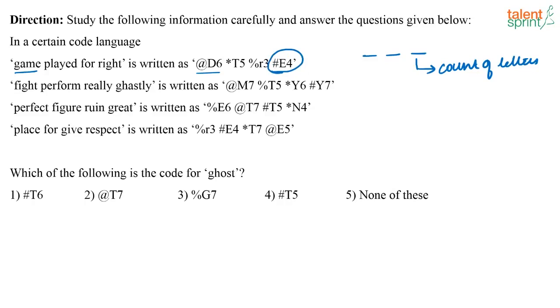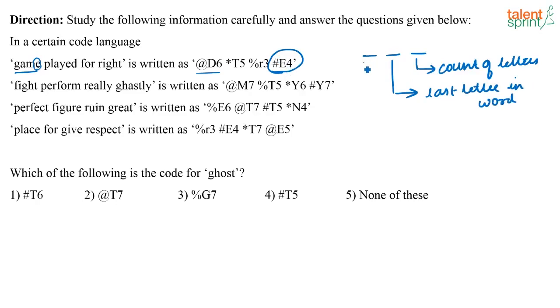So similarly, what is the coding pattern that has been followed for the letter coding? The letter coding pattern is whatever is the last letter in the given word, that is used for the letter coding. So if it is game, it was E. That is what they have written here.